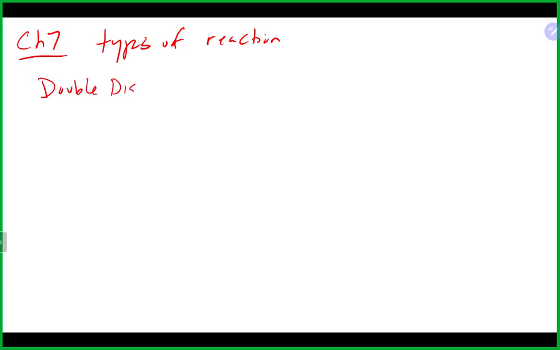That then led us into chapter 7, which was really about types of reactions. And remember that we basically have two big categories of reactions. We have double displacement reactions, and we have redox reactions.